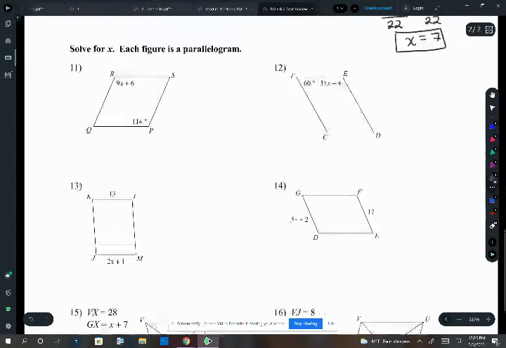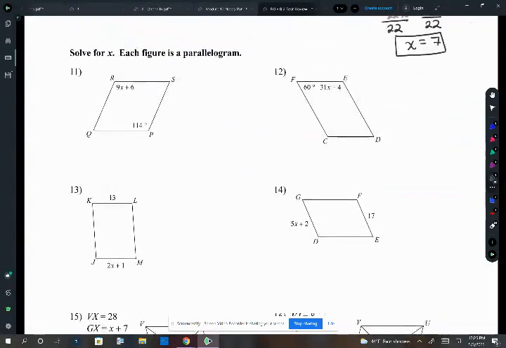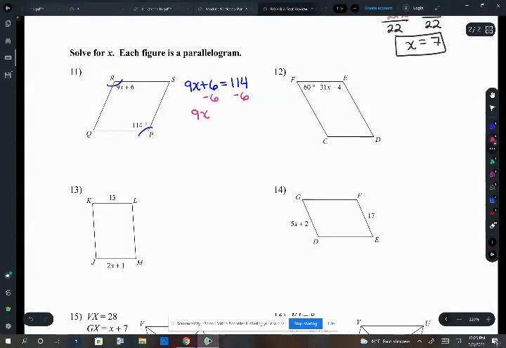All right, our last little bit is solving parallelograms, and a couple things we want to remember. If we have opposite angles, so notice these are angles, then we can set them equal to each other. So we're going to go 9x plus 6 equals 114. We're going to subtract 6.